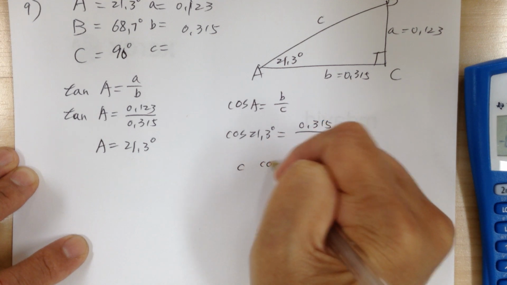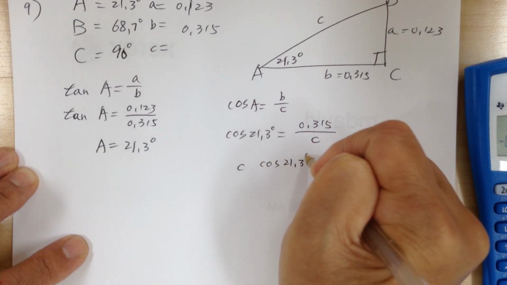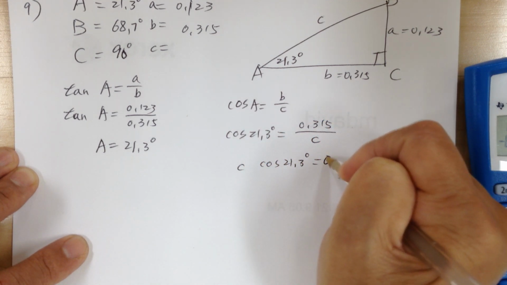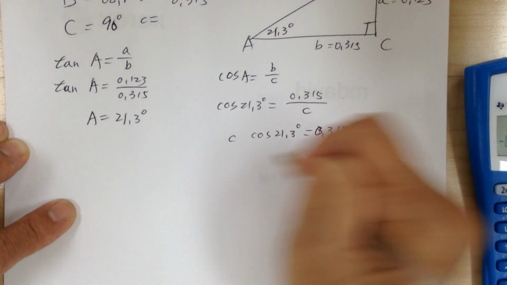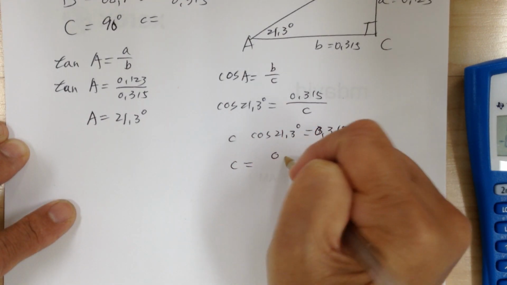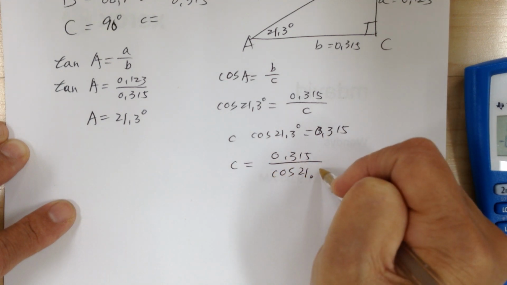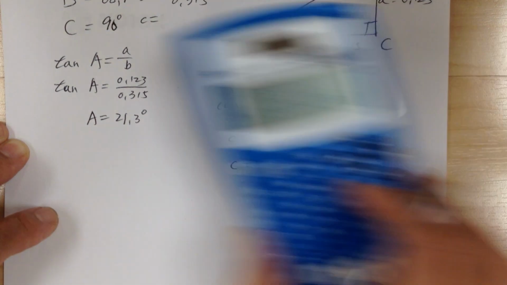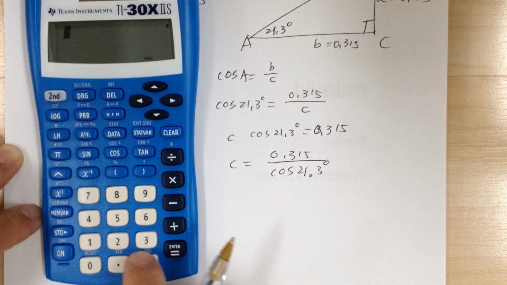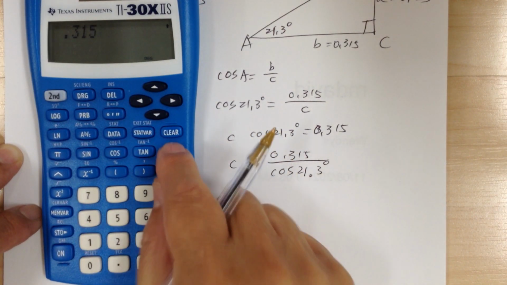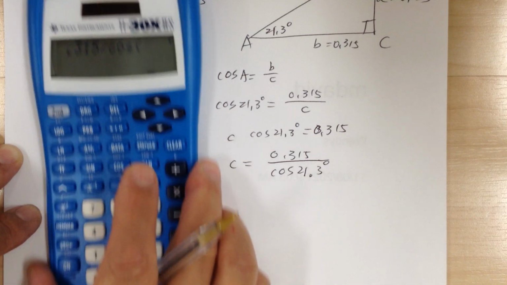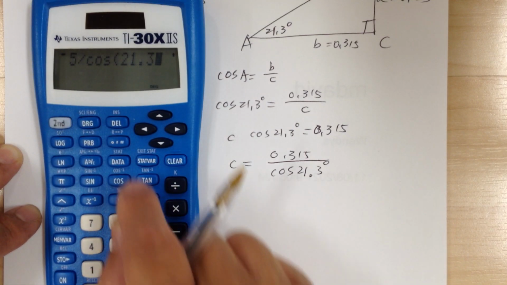So c cosine of 21.3 degrees equals 0.315. Then you divide. So c equals 0.315 over cosine of 21.3 degrees. So get your calculator. So 0.315 divided by cosine of 21.3 degrees.